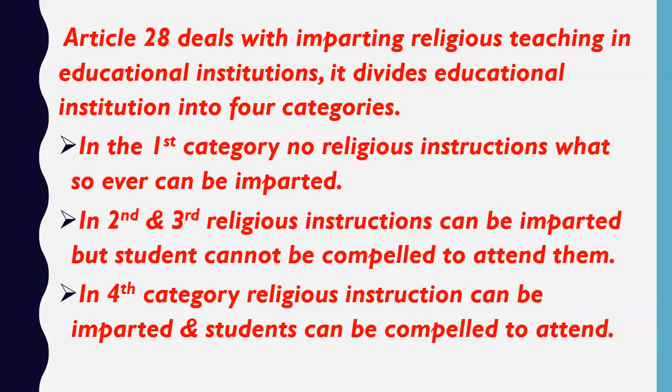So whether a privately owned educational institution is aided or unaided by the government, religious instructions can be given in it. But there is a condition. The condition is that you cannot force the students to attend the religious teachings.